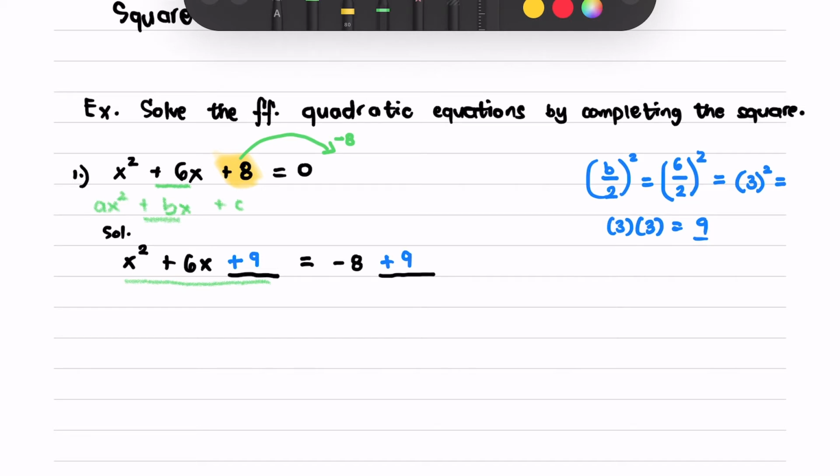So, ganun yan, yung PST, yung perfect square trinomial. So, pwede natin yung i-factor. Actually, itong completing the square, it's a combination of factoring and extracting square root. Makikita nyo rin habang dinidiscuss ko yung solution. Okay, now, kapag naging perfect square trinomial na yan, pwede na natin yung i-factor.